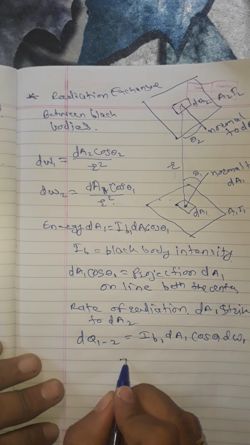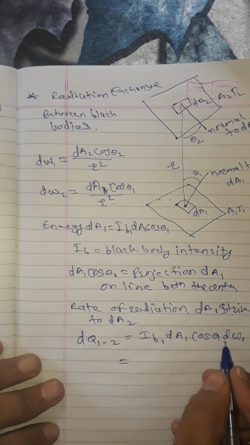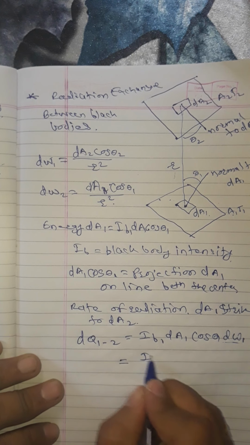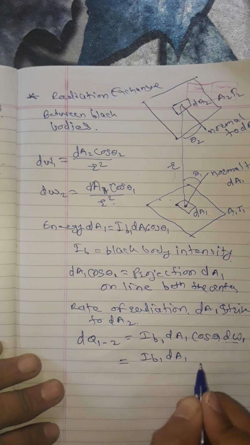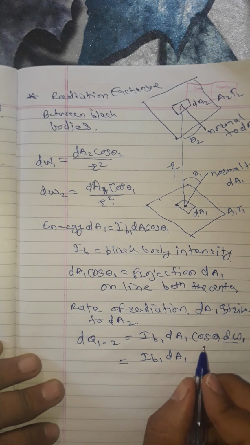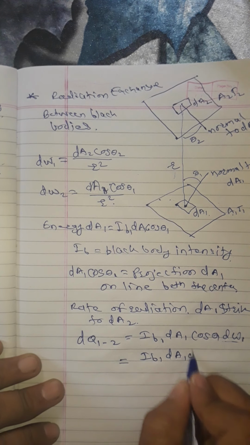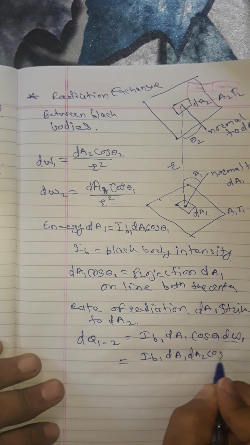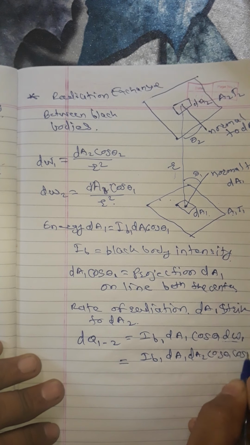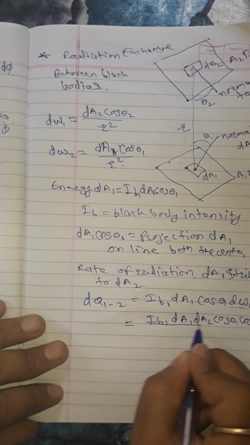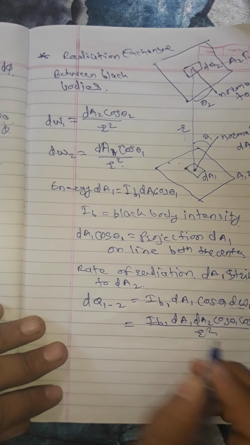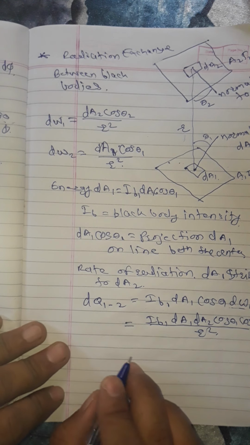We can write the value of d omega 1 as IB1 dA1 into dA2 cos theta 1 cos theta 2 divided by r square. This is the energy absorbed by dA2.